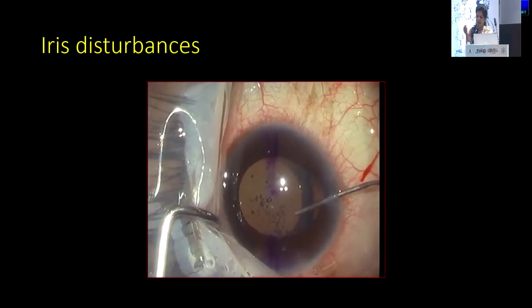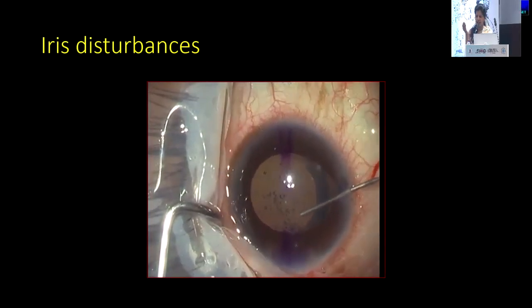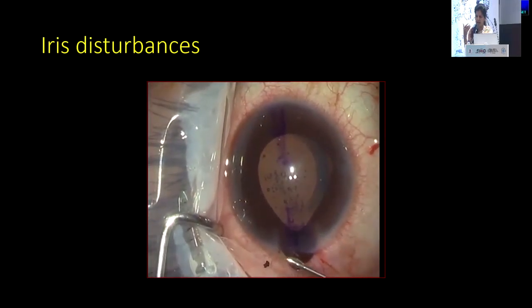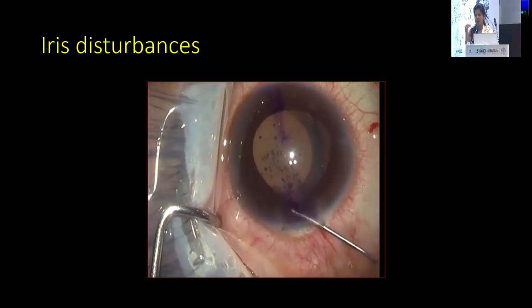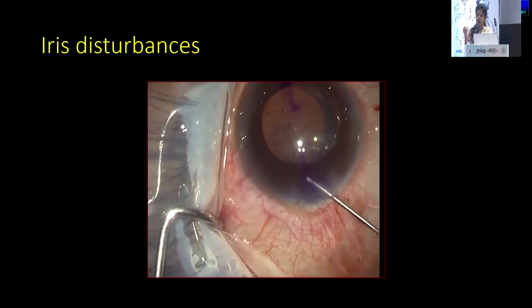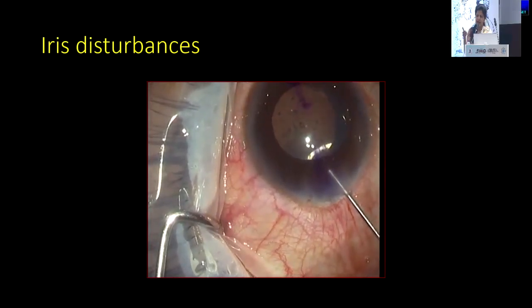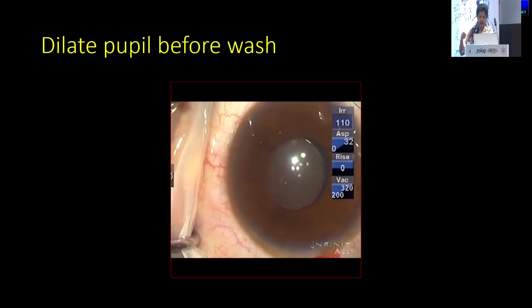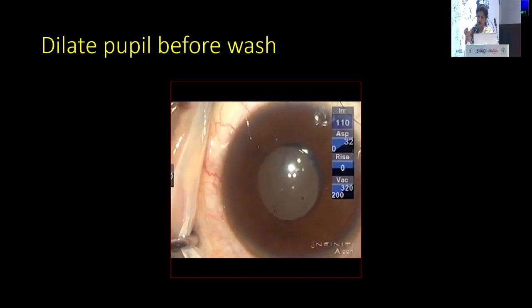Now, iris disturbances, especially when irrigation is done either manually or by an automated IA, it has to be made sure that there is always a good flow from both above and below the ICL out through the side port. So for this, if you have an undilated pupil, it's very important that you dilate the pupil once more.